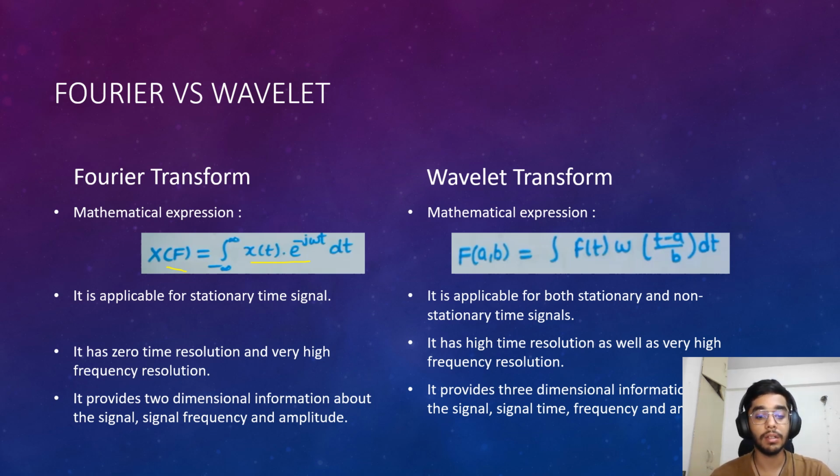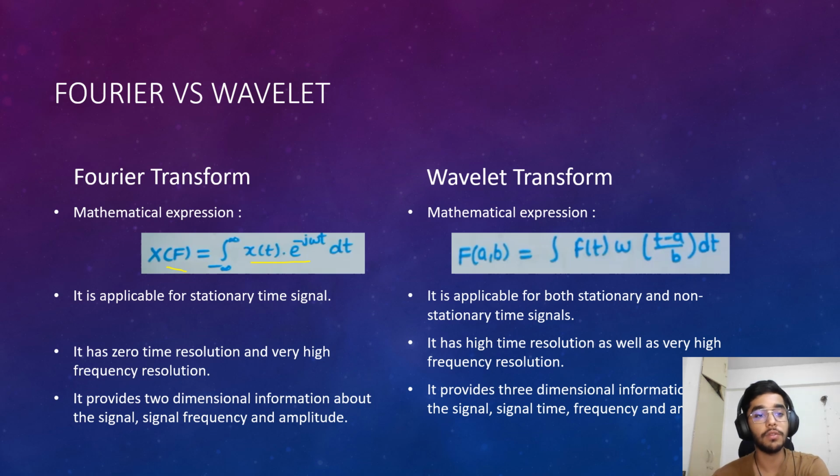But there is a major difference in both the transforms. In the mathematical expression of Fourier transform, we see that it is only transforming it into the time frequency domain. However, in wavelet transform, the expression consists of both time and frequency domains.